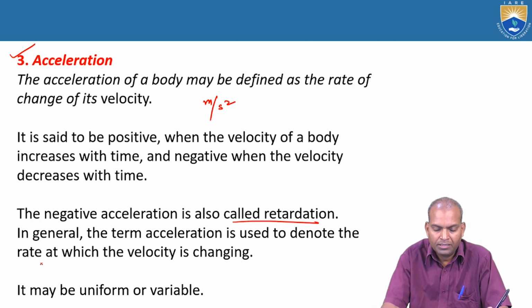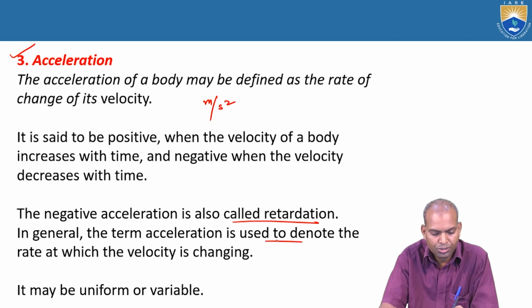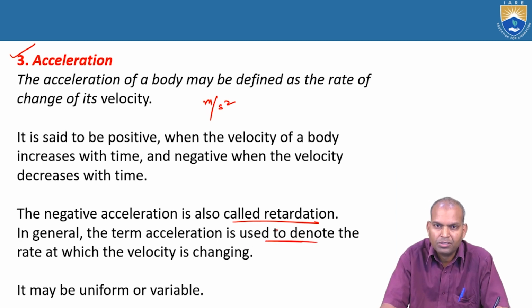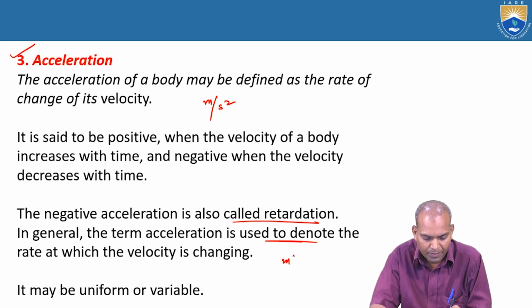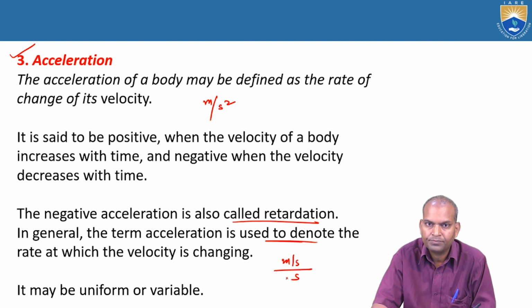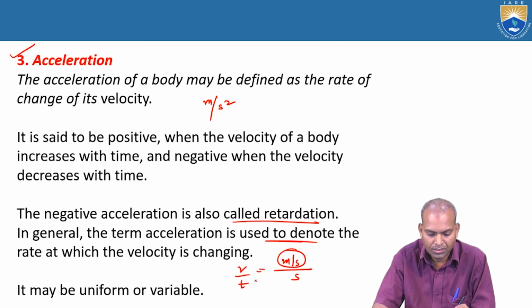The term acceleration is used to denote the rate at which the velocity is changing. That's why the unit is meter per second per second. Here v is the velocity and t is the time.